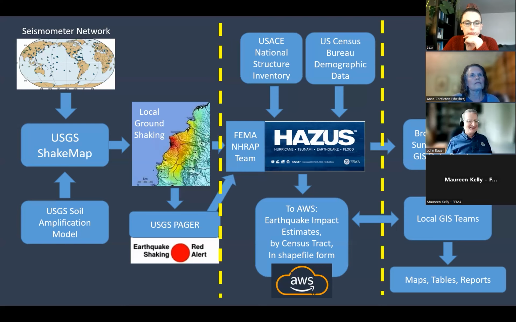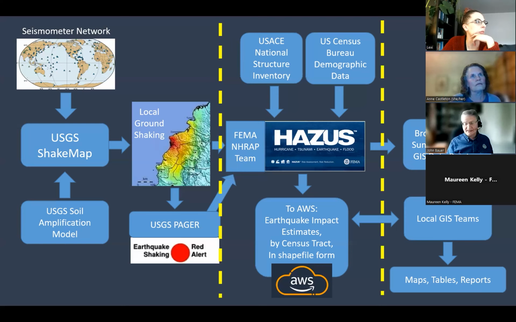So going through the USGS portion, there's a worldwide network of seismometers, things that monitor how your ground is shaking, that feeds into a USGS Shake Map system, which quickly, in near real time, generates ground shaking reports.